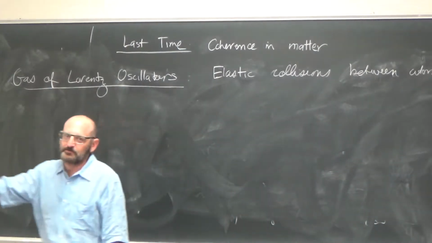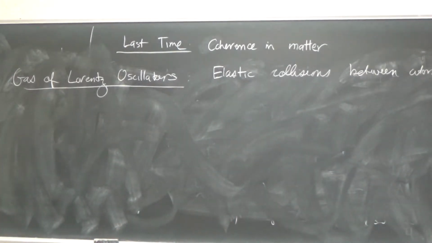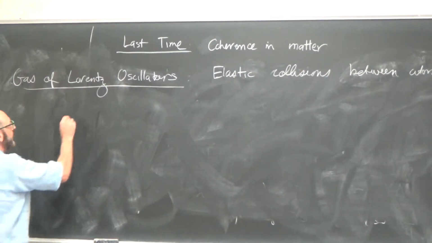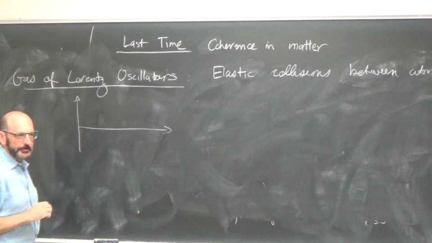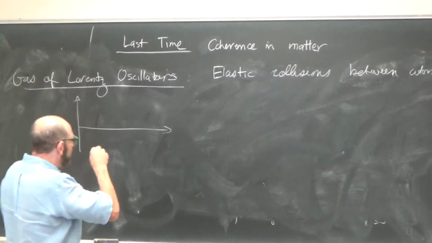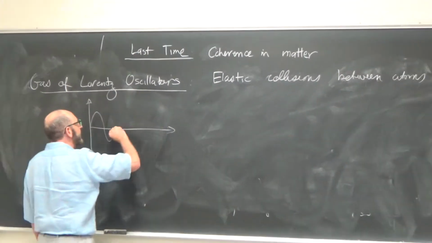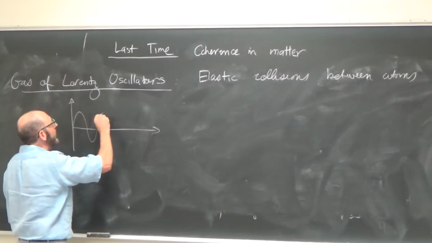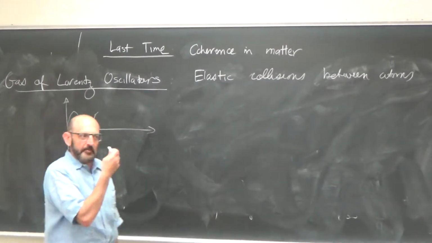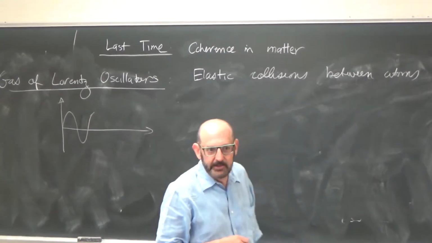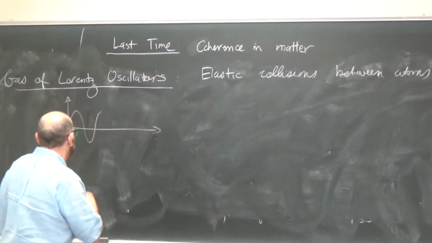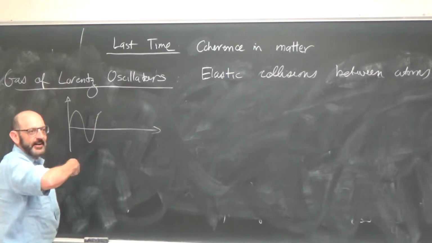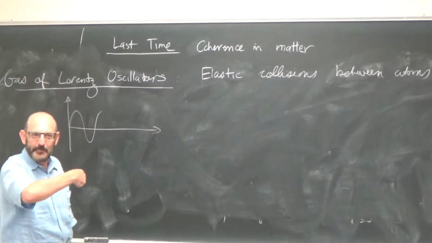And what is that going to do? Well, if I think about the motion of some particular atom, it's going to be oscillating. And then at some point, there might be a collision of this atom with some other atom. And what is that going to do? Well, it's going to knock the position of the electron in some way, right?